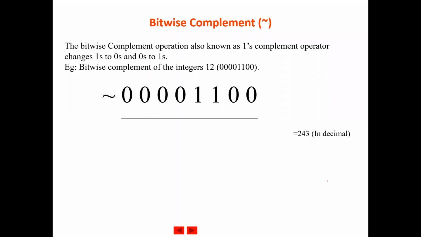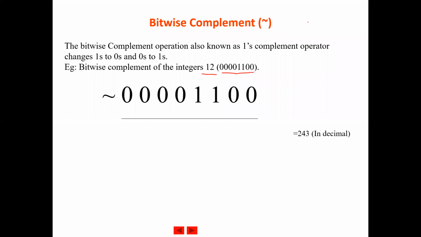So we are going to find the bitwise complement of the integer 12. The decimal integer 12 converted into binary form is 1100. You have to listen here. When we are converting into bitwise complement manually, this is very easy.